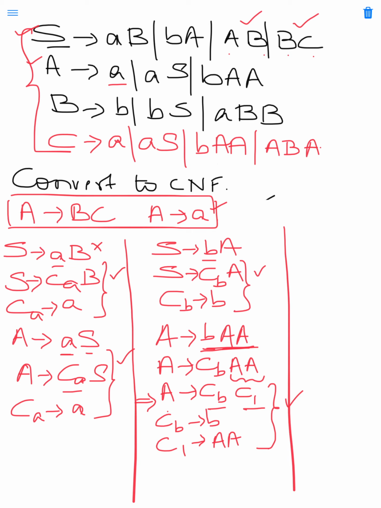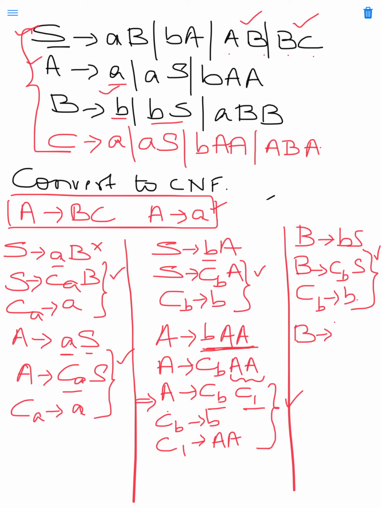Now next B case you have to take. The first production belongs to the CNF. Second, B gives bS can be written as B gives CBS and CB is b. Okay, now B gives aBB. How can it be written? 3 symbols are there, isn't it? So first you have to replace the terminal with a non-terminal.